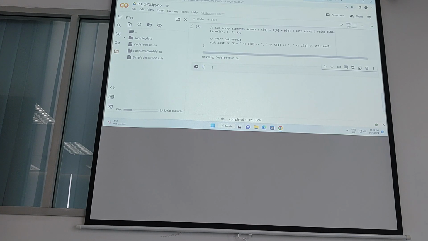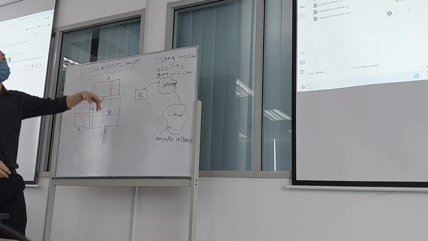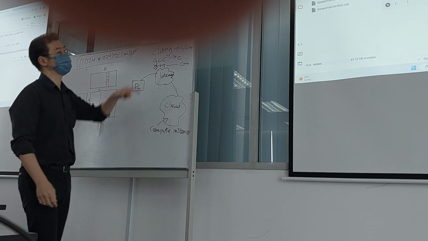So you can choose any one. Clang is a new C compiler used by Apple. Apple actually wanted to create a new one. Clang is for C++, GCC is for C, G++ is for C++. Whichever one you want to use is fine, but I think for our case, because it's C++, I suggest that you use G++.